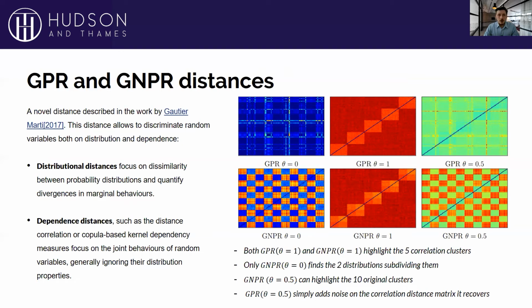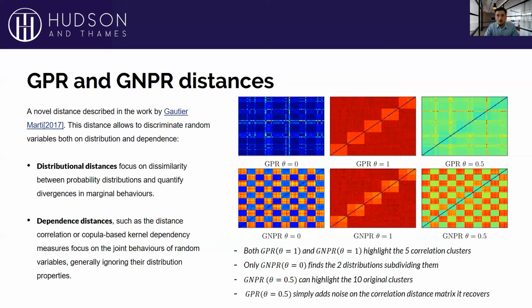Basically, the GPR applies to Gaussian distributed variables, and the GNPR applies to any IID random variables. This measure was introduced by Gautier-Marty, and it allows to discriminate variables on distribution and dependence.